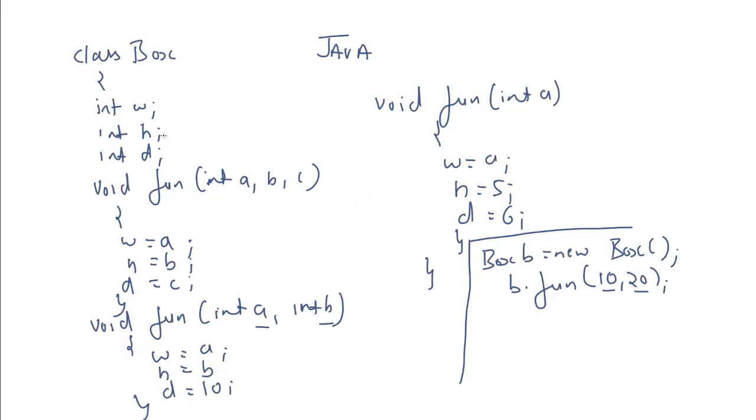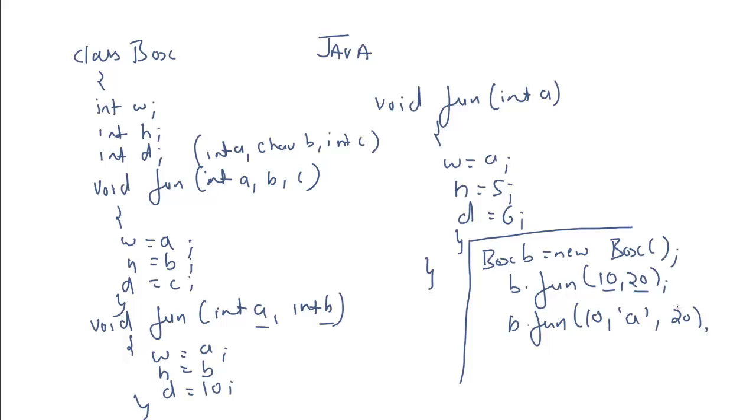Now assume that there is a method which has different data types also. Instead of int a, I have char b and int c. So right now if I try to invoke the method b dot fun of 10 comma a comma 20, which method will be invoked?